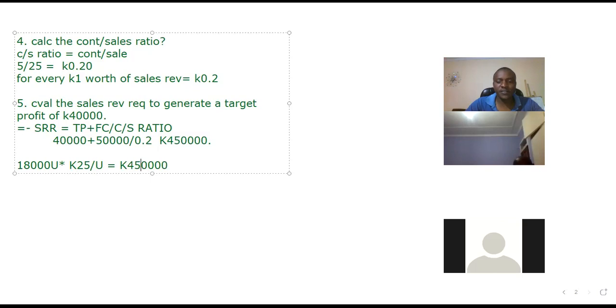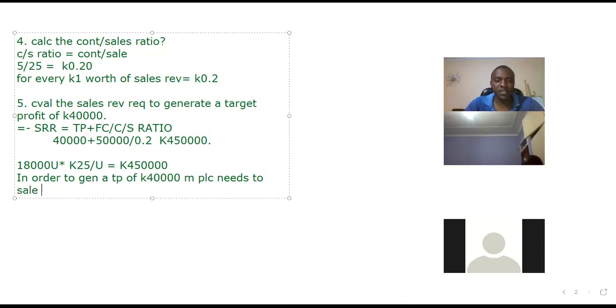Put a comment: in order to generate a target profit of 40,000 kwacha, More PLC needs to sell 450,000 kwacha worth of sales.